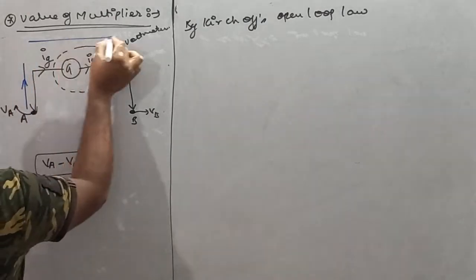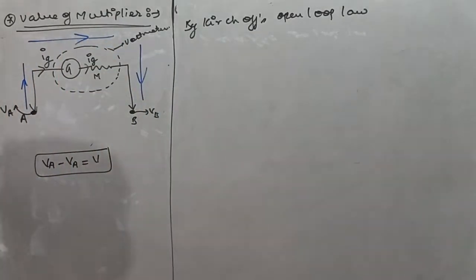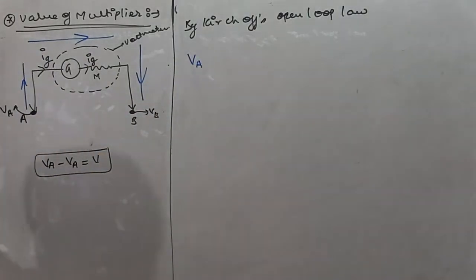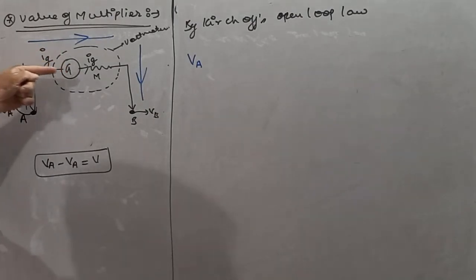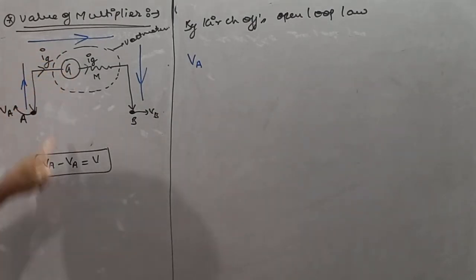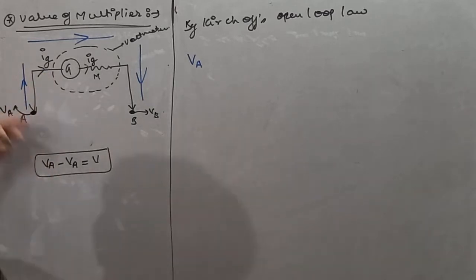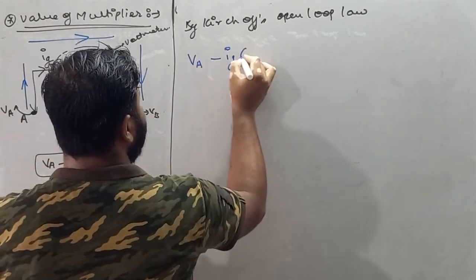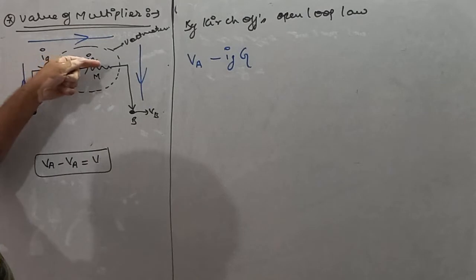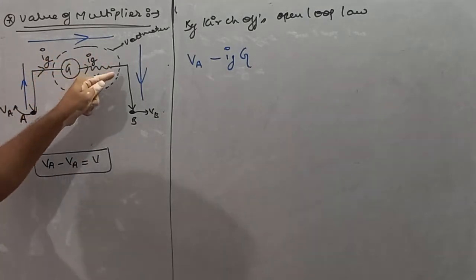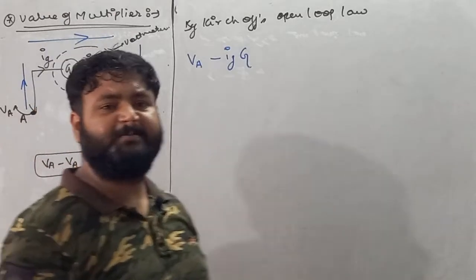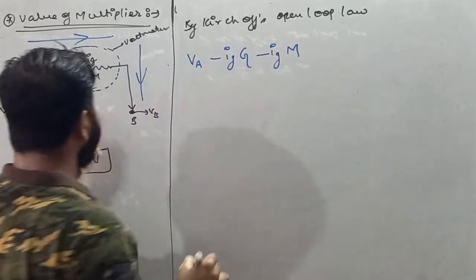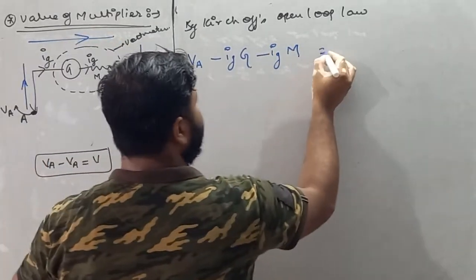I'll move from point A, go towards this and reach point B. Point A potential is VA. My direction and current direction is the same. The resistance of galvanometer is G and Ig current is going, so we can write minus IgG. Similarly, when I move towards multiplier, my direction and current direction are again the same, so we write minus IgM, and reach point B, which is equal to VB.